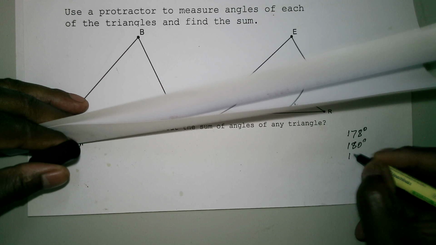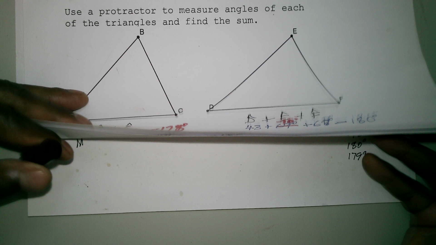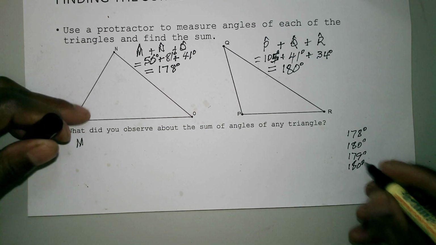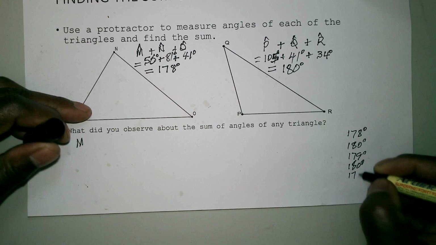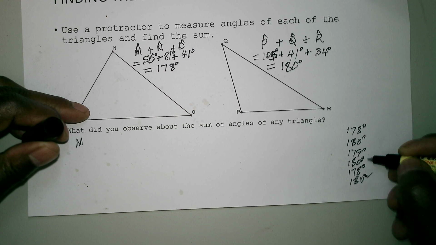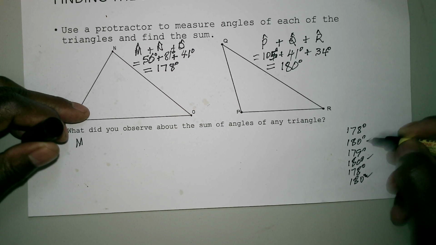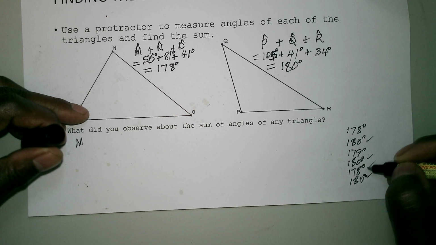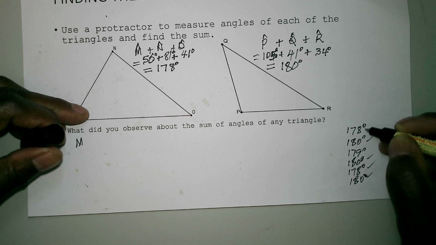If we consider the majority in terms of the addition of angles, if we take an average or a mode, we can say 180 is the sum of angles of a triangle.